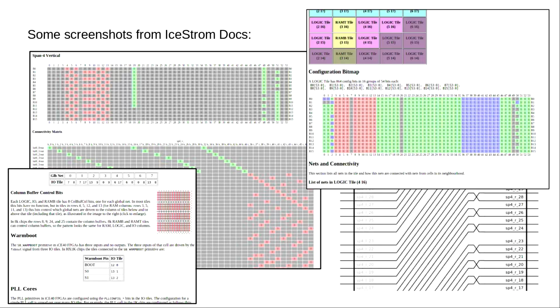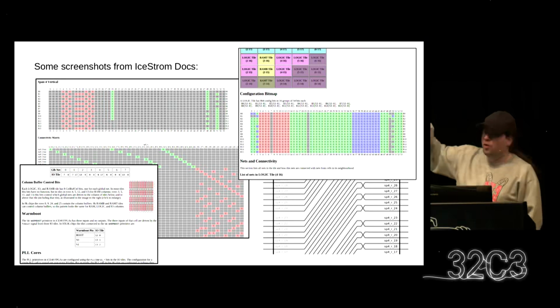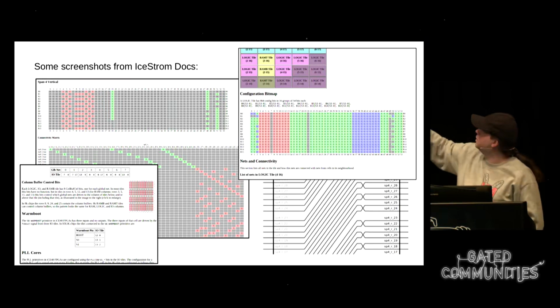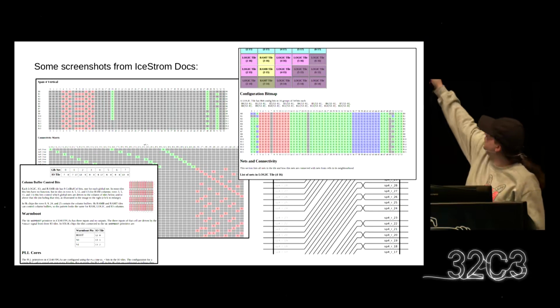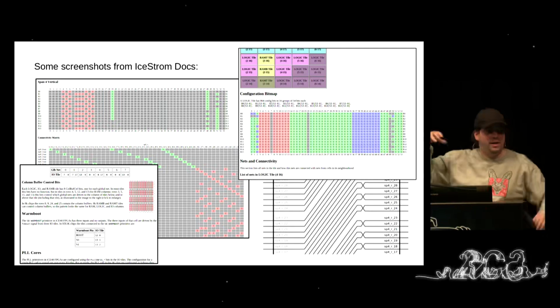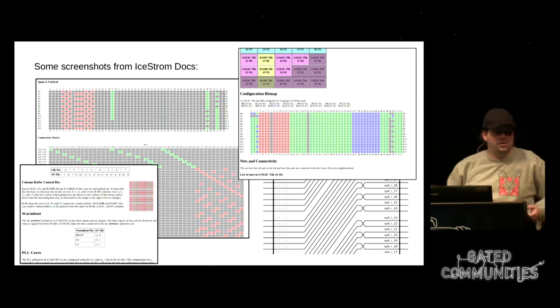So we have, in this case, some matrices that can tell us which nets can be connected to which other nets and what bits are used for that. And here on the upper right, you actually see for one logic tile the entire collection of bits we have reverse engineered.